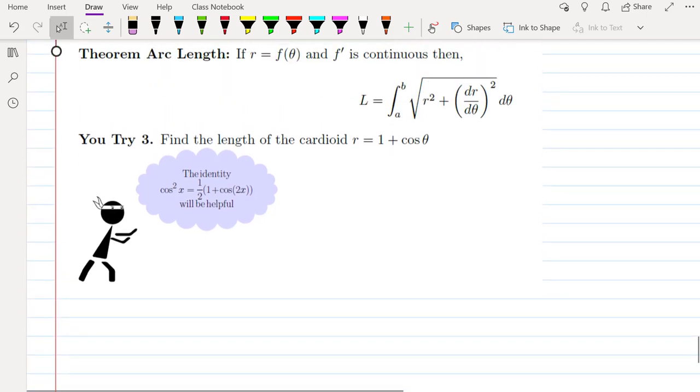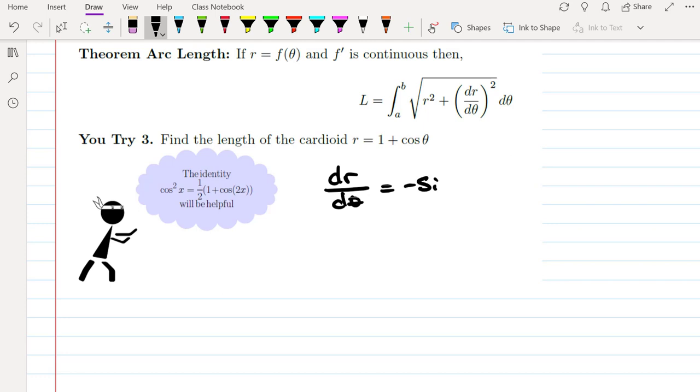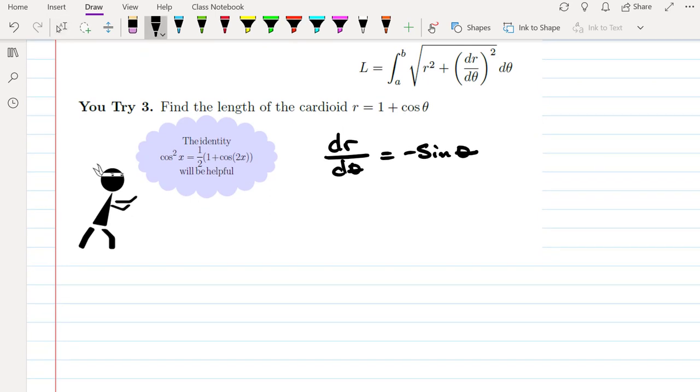In order to use this formula, we need to know dr d theta. The derivative of 1 is 0, and the derivative of cosine is negative sine. Then we need to simplify the square root of r squared plus dr d theta squared.